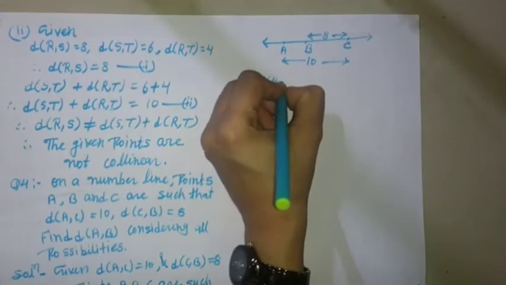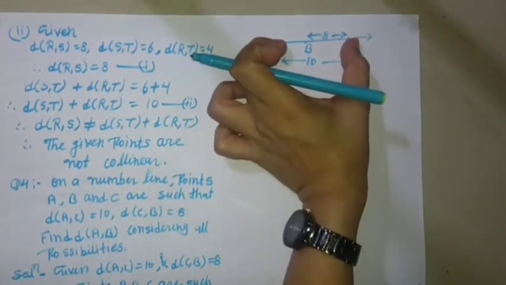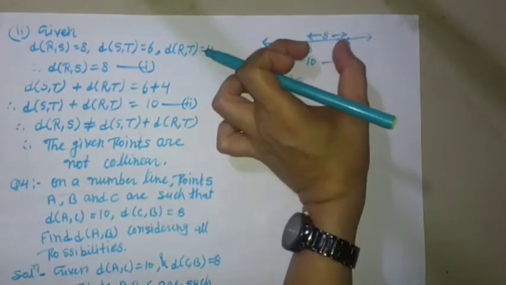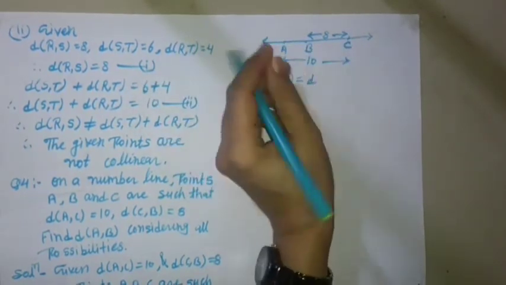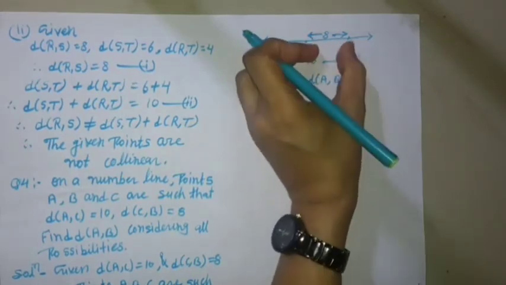Distance of AC equal to distance of AB plus distance of BC.